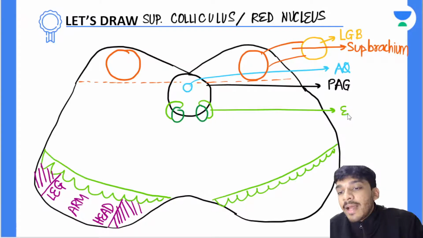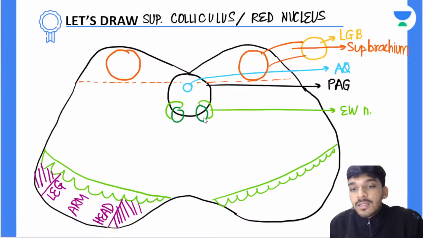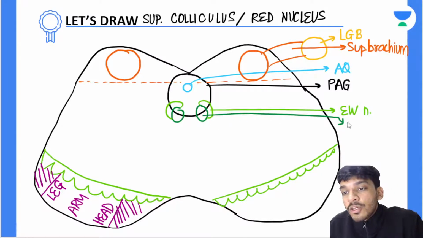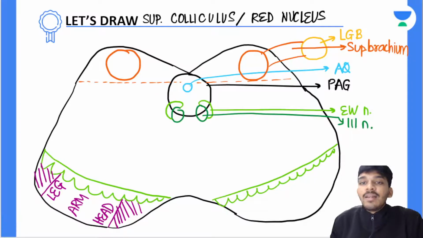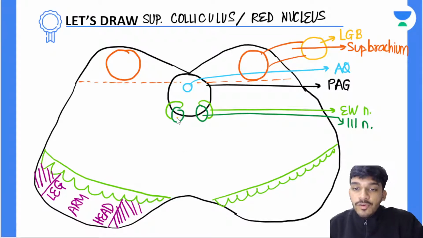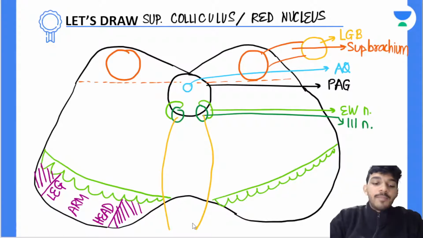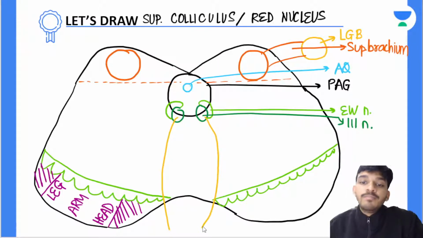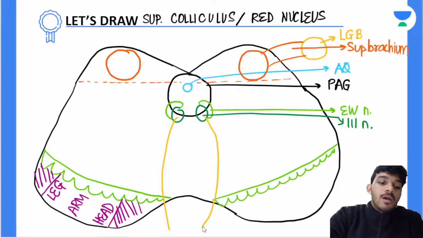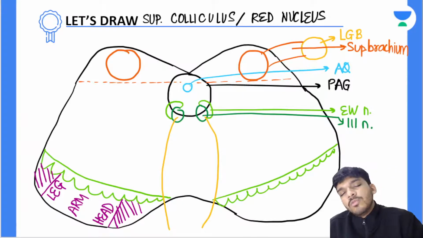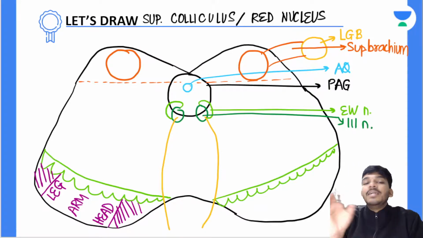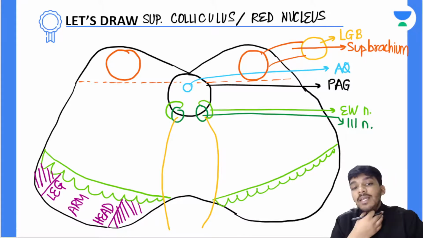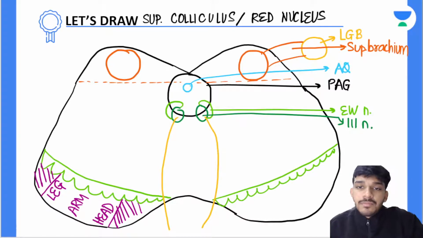So I'm writing Edinger-Westphal nucleus, EW nucleus, and this is the oculomotor nucleus, and together they will give rise to the oculomotor nerve, which will pass in between the cerebral peduncles. Okay? When I teach you neuroanatomy, I will tell you one more important point here, but I am not mentioning it because in the diagram it will make things complicated. Okay?